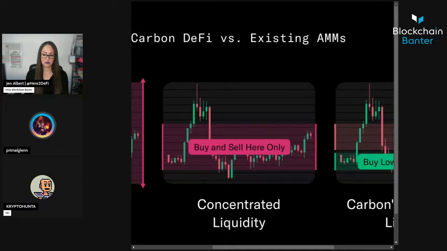So if Sei does extremely well and goes up to like $100, and you're providing liquidity between like 50 cents and like $2, at that point in time, you're going to be left with 0 Sei tokens, and you're going to be 100% in USDC, right? Now, if the market retraces and slowly starts dropping again, let's say it goes from 100 all the way down to $2 and then $1.50, then you're going to start buying Sei from the market with the USDC that you've provided as concentrated liquidity.